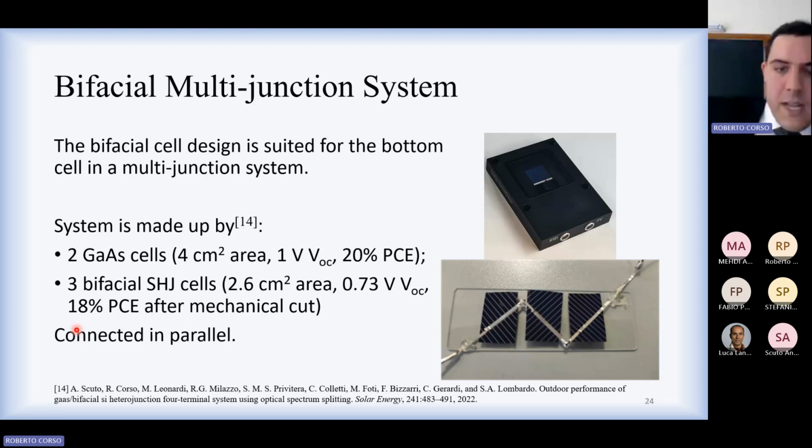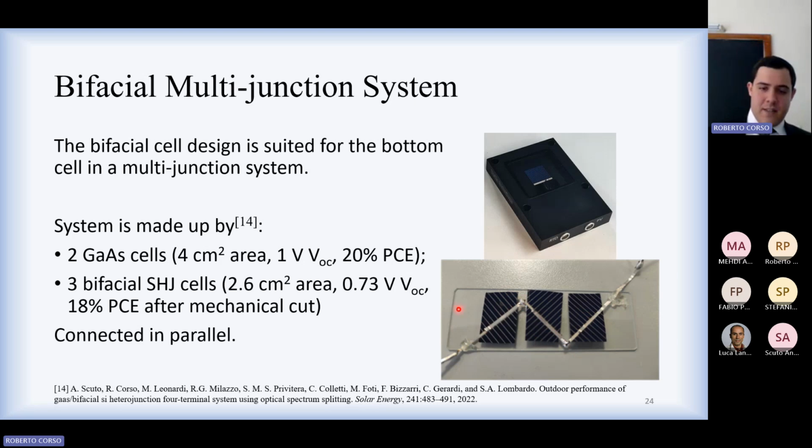So we realized a prototype, and in this case, we combined two gallium arsenide cells, each with an open circuit voltage of about 1 volt and an efficiency of 20%, and a custom-made bifacial silicon mini module. We cut these samples from a single silicon heterojunction cell and connected three in series by soldering the contacts.